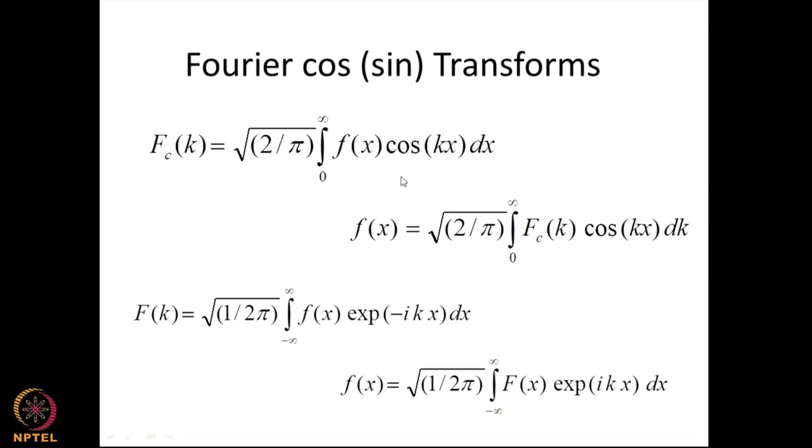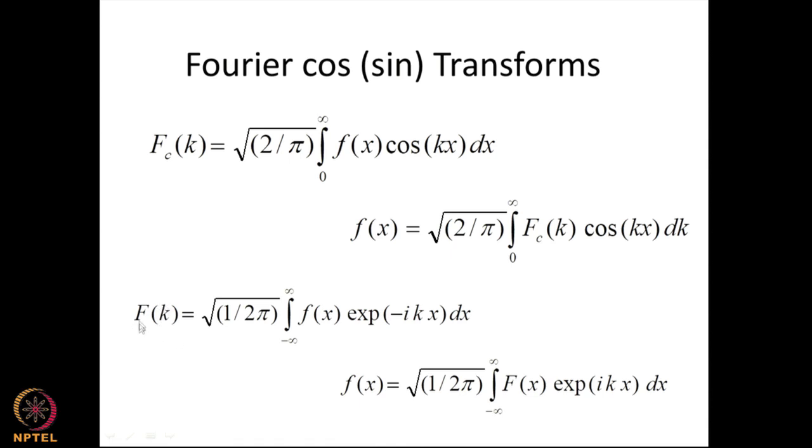Okay. So, you have a cos transform and a sine transform, but the more general is the exponential. Remember, e to the ikx, I can write it as cos kx plus i sin kx. So, this exponential e to the ikx is a sum of cos and sine. So, this exponential transform is really a sum of cos and sine transform. So, how is that defined?